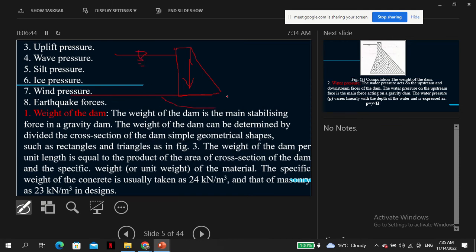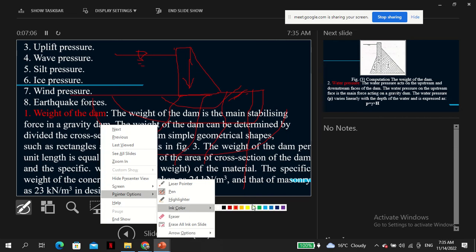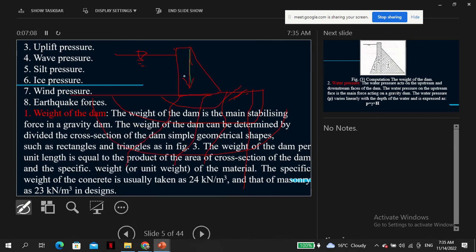Of course, you know water would want to flow away this side. And if you draw your flow net, you should know this. Something like this. Then the pressure distribution: this one has its weight, those components have their weight.